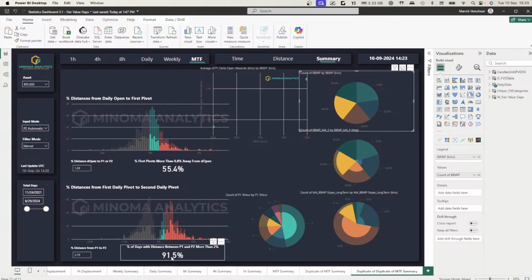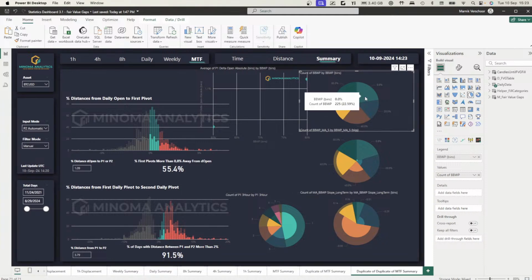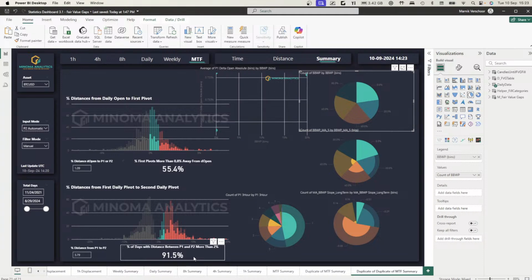Because in highly volatile environments, you're going to have way more chance of displacement. Whereas if I go only for the lower end, 0% to 20%, you can see this becomes 76%. So there's quite a difference.